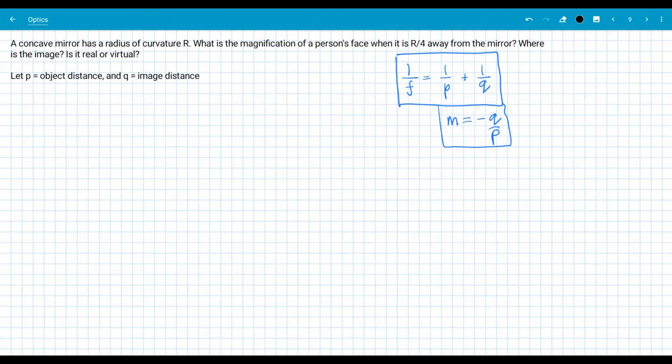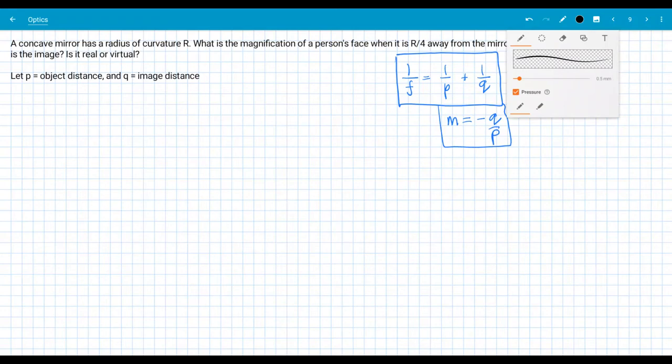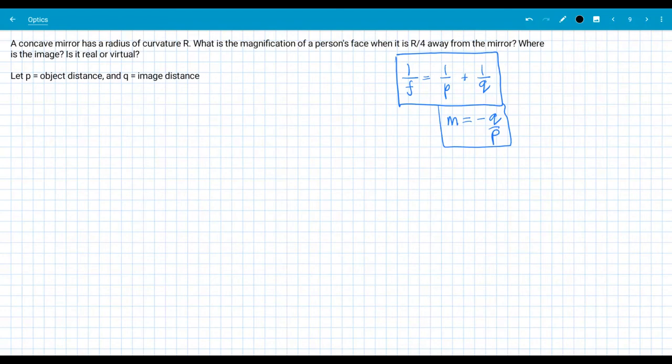Our object distance then is given to us as R over 4. So let's make that really clear. We've got a few things that we know. So we know that P is equal to R over 4, and we know that the focal length of this particular mirror is equal to positive R over 2.